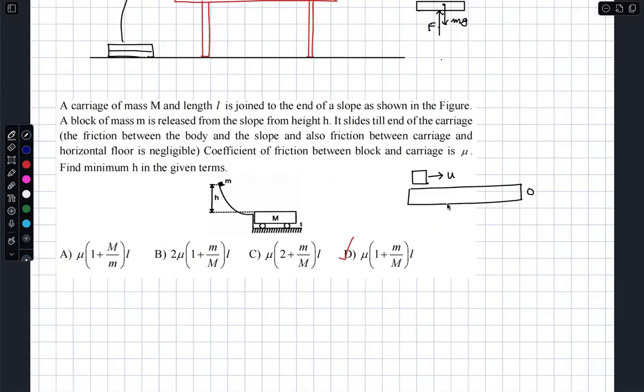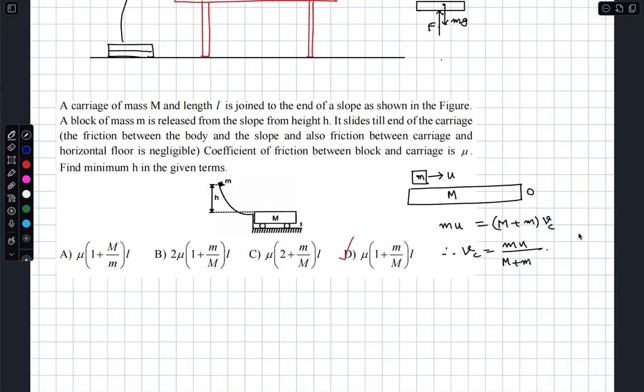Please try to understand this system has some momentum in the horizontal direction. So, initial momentum is this. Final momentum is this. This is called common velocity. Therefore, common velocity is mu by capital M plus small m.